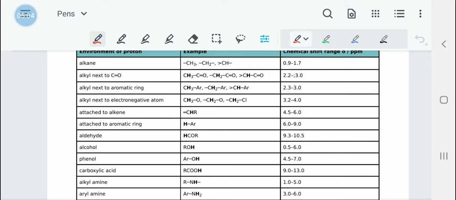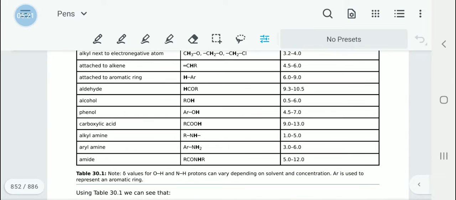It is something like alkyl next to an electronegative atom, attached to the hydroxyl group, which is what we actually try to figure out from that.